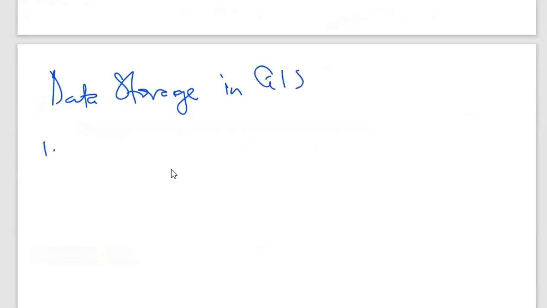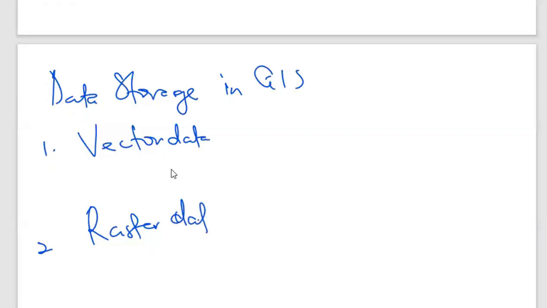Number one, data is stored or presented as vector data, and two, as raster data. Those two. Do not confuse types of data and methods of storing or presenting data in GIS.